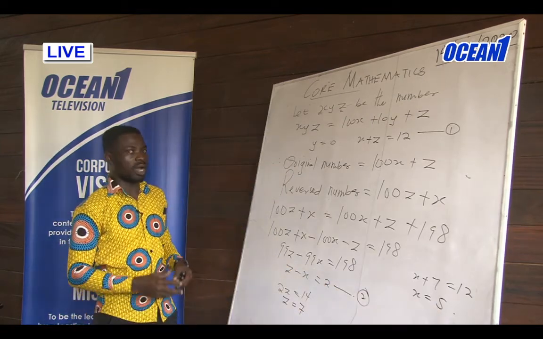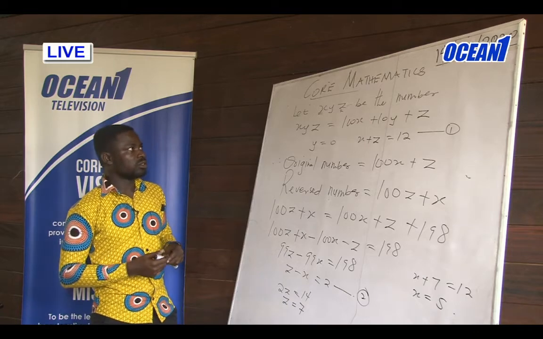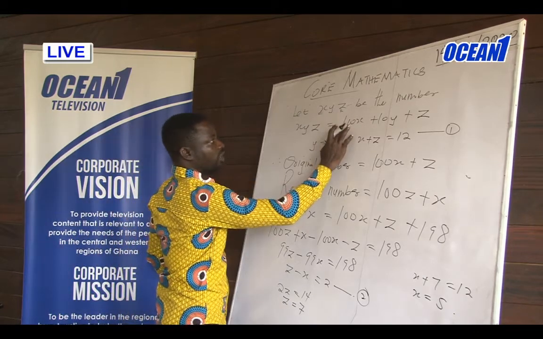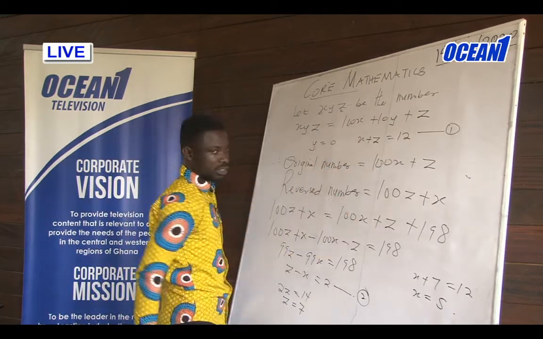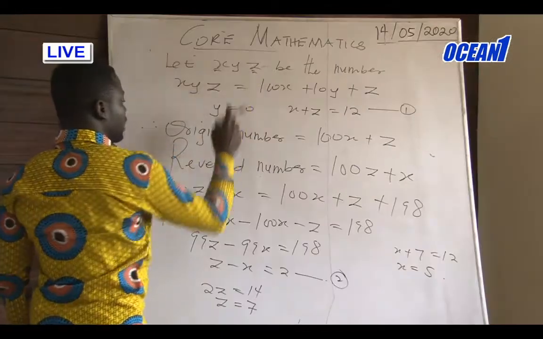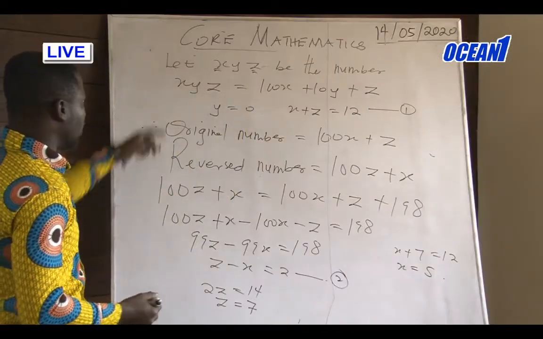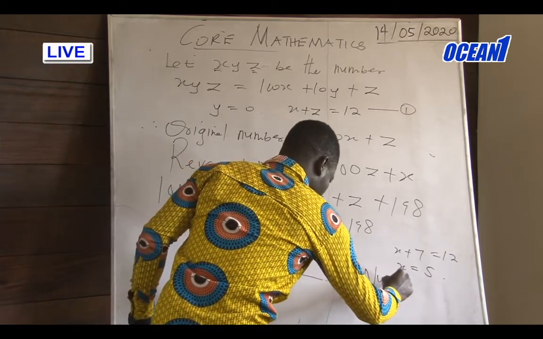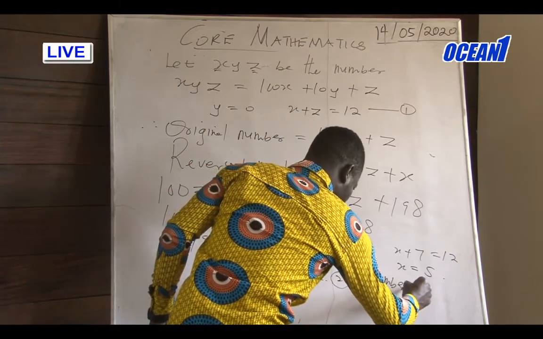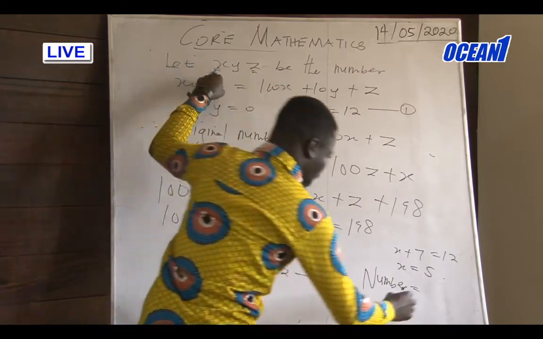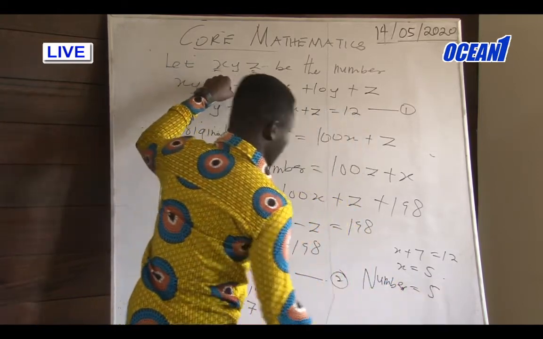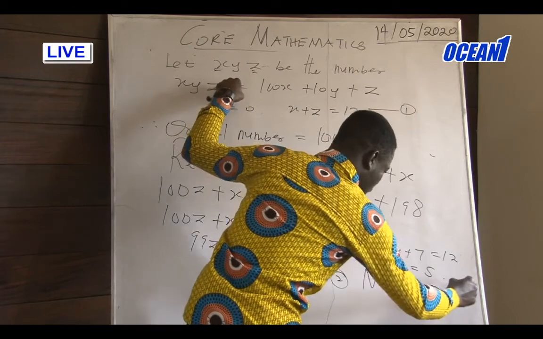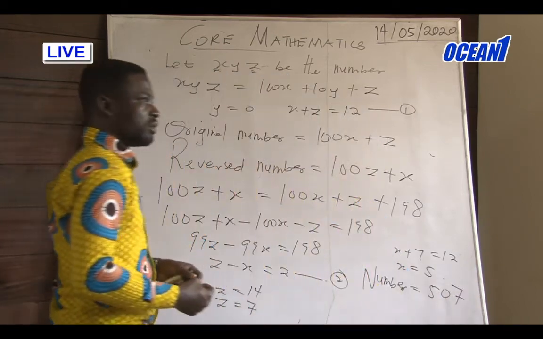Now we can write down our original number, which says xyz, or 100x plus 10y plus z. Either you use this or that, you get the same result. So therefore, x is now 5, the middle digit is 0, the last digit is 7.